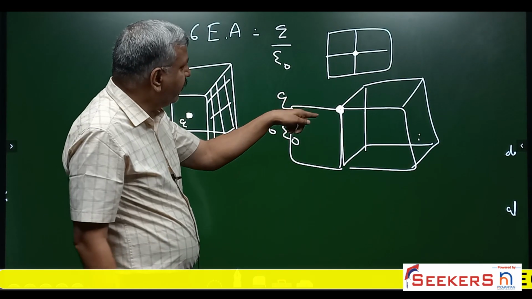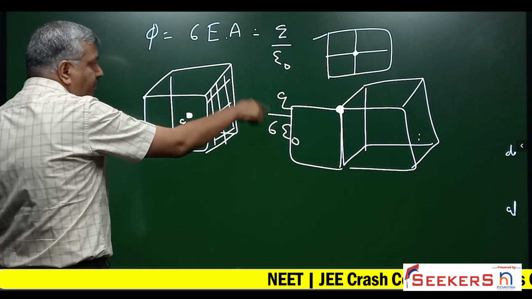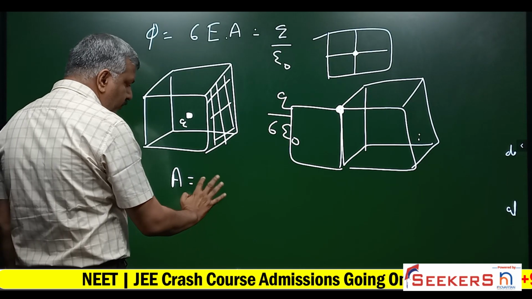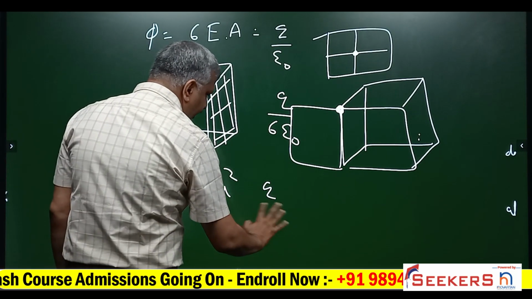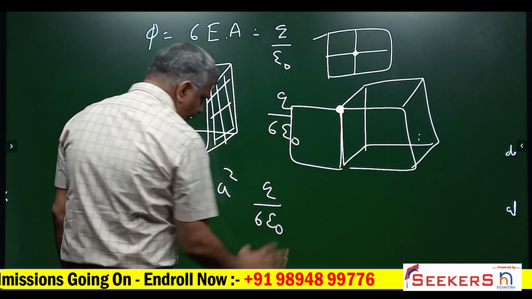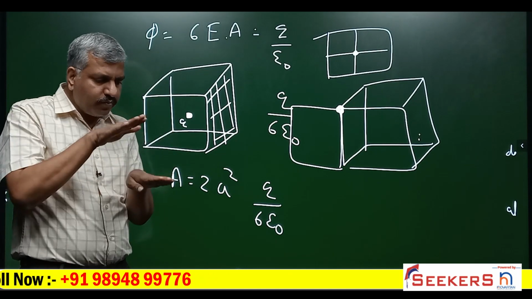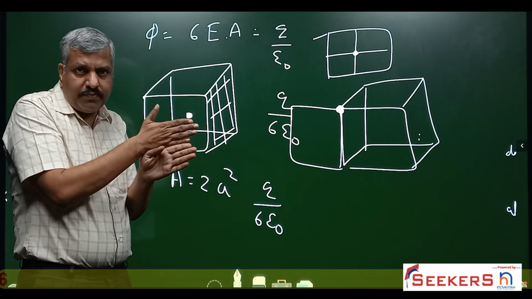Now, when we have 8 cubes, going by this logic itself, for an area equal to 2 times A square, the flux will be Q divided by 6 epsilon naught. At this point, there are 2 areas, one area at the bottom and one area at the top. So this area will be totally 2 times A square.